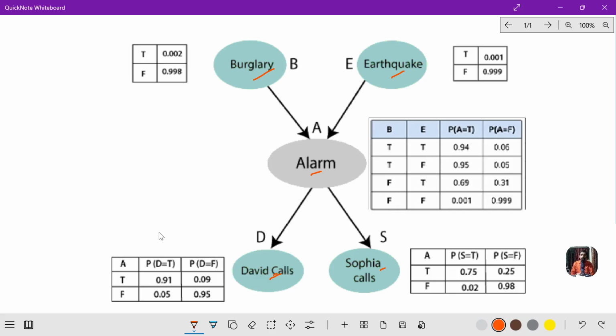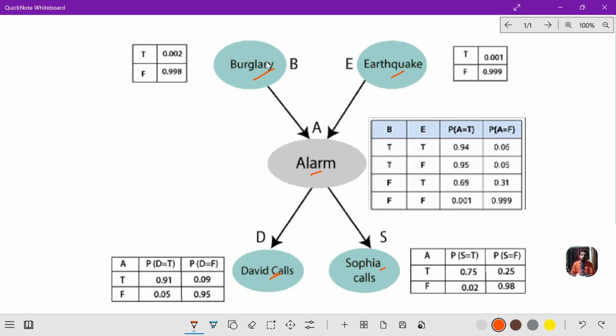When it comes to burglary B, this is nothing but the theft. Burglary B represents whether burglary has occurred, meaning whether the theft occurred or not. Remember, this variable does not depend on any other variables. You observe here, the alarm depends on burglary and earthquake, but burglary does not depend on any other variables.